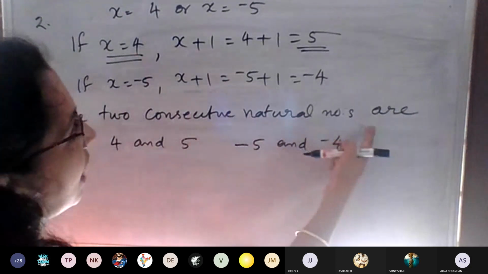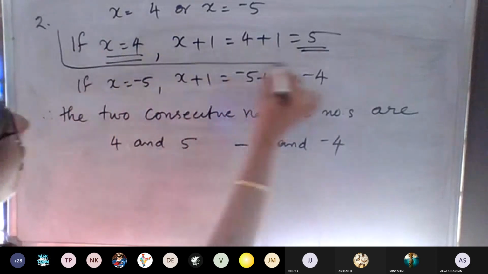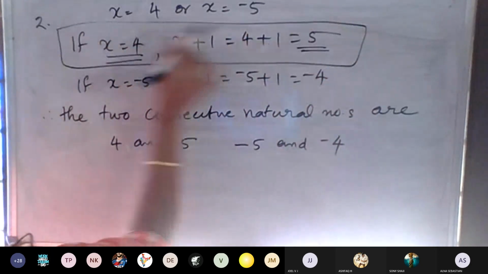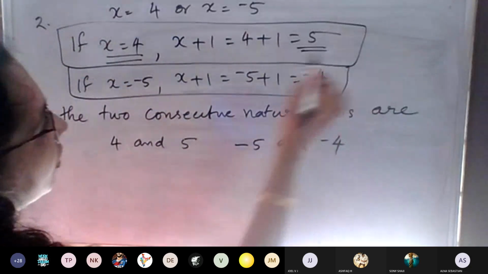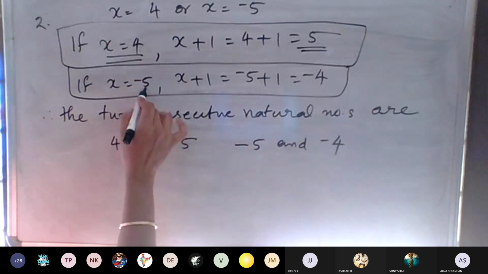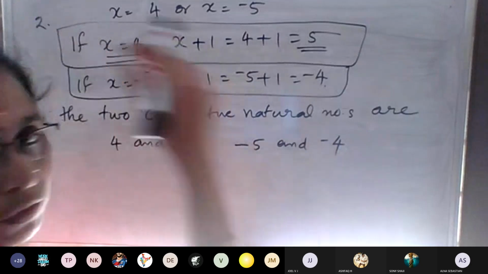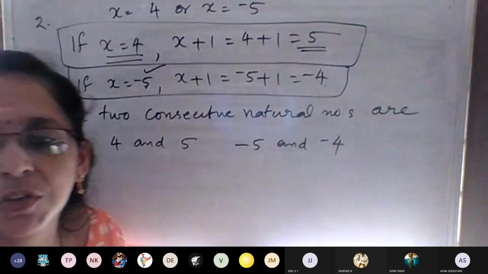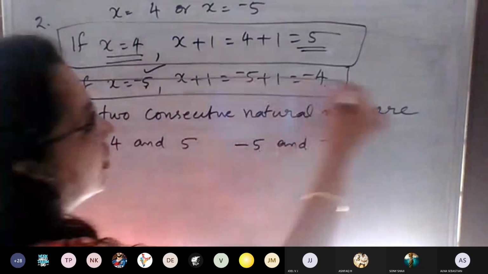So if x is equal to 4, x plus 1 is equal to 5. If x is equal to negative 5, we don't want to bother about that.